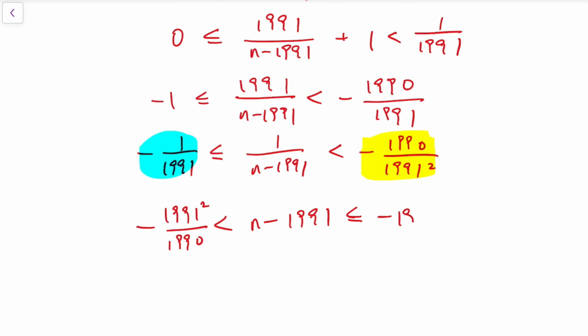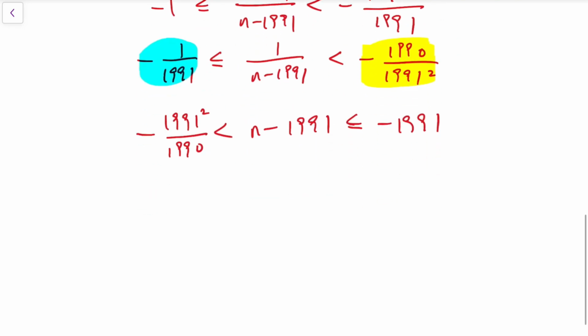And we have minus 1991 here. And finally, we have the range of n to be between 1991 minus 1991 squared over 1990, and 0.